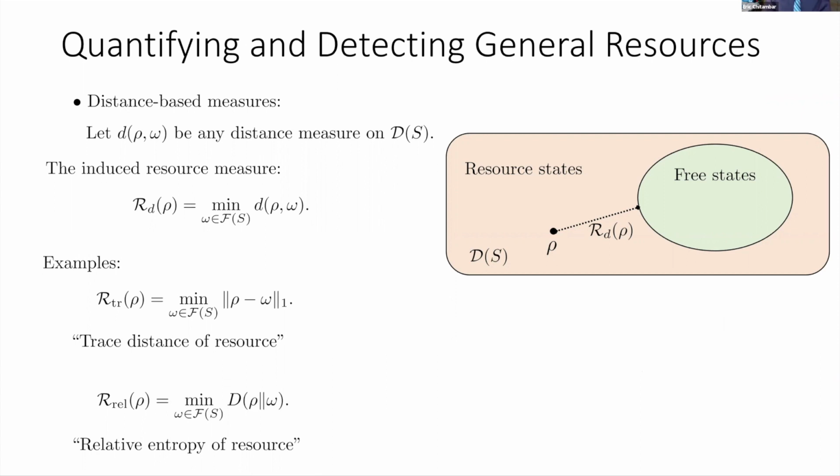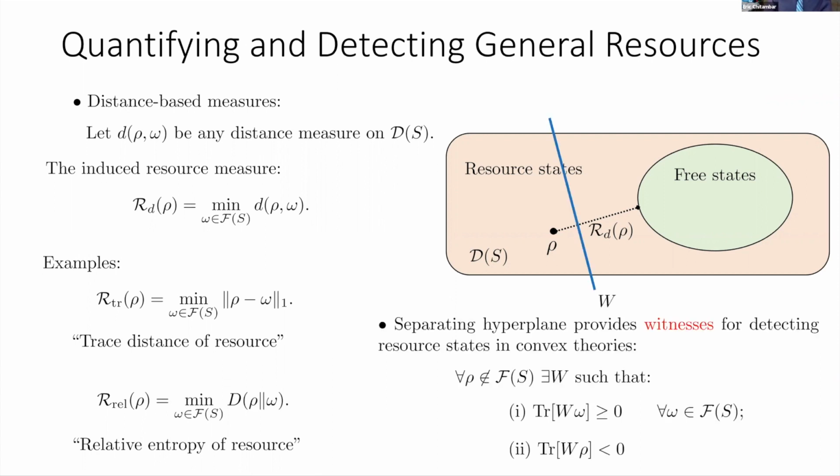Okay, sticking with this geometric picture, provided that this set of free states is convex, convex meaning that if I take any two points and draw a line connecting those two points, I stay within that set, then I can use a famous result, which says that for any state outside of that convex set, there exists a hyperplane which separates our state from this convex set.